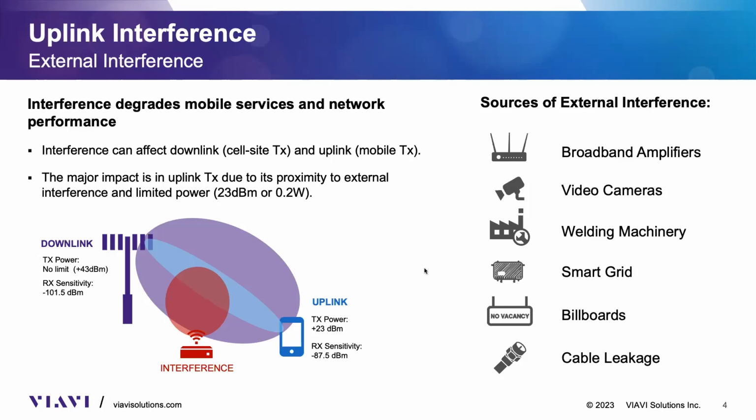Even when everything is not being active, the oscillator just goes crazy and sends out a tone that again happens to land in the uplink of the carrier. Billboards, or even leakage on cables that are just left open. So these are just some examples of potential external interferer sources.